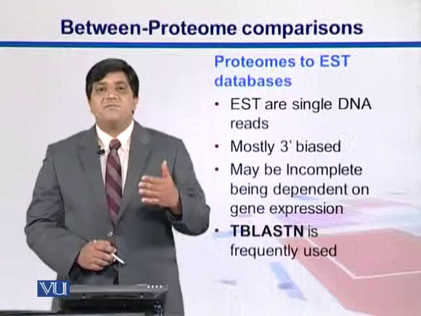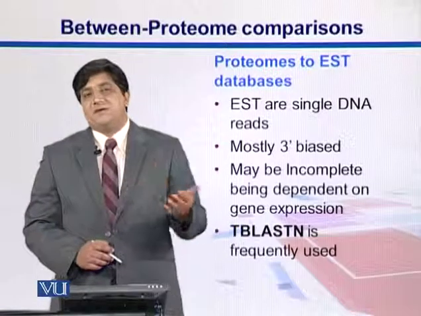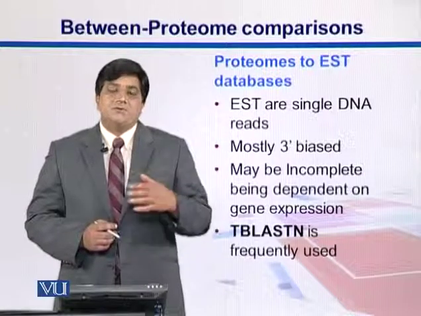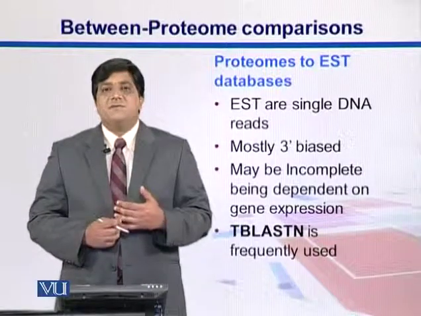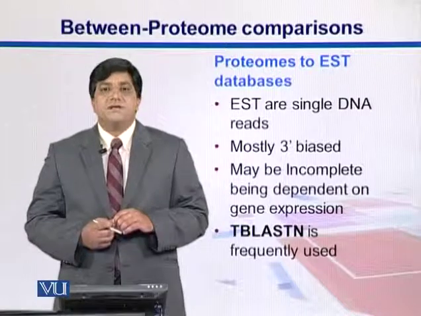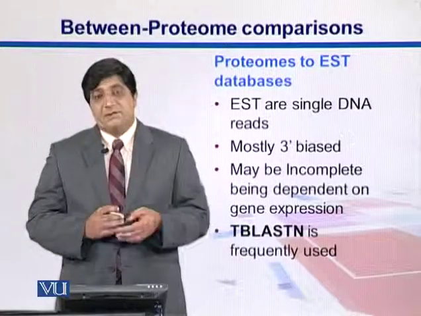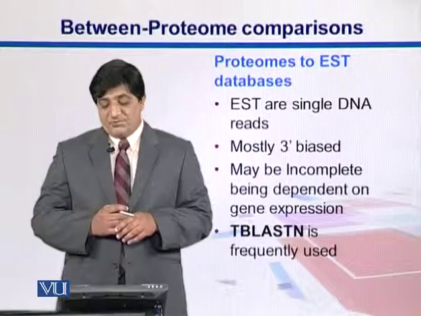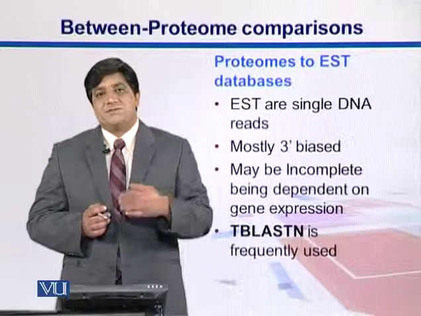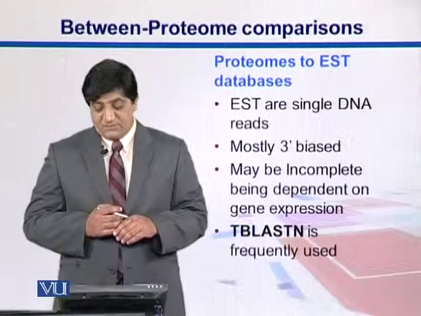Since we get them from messenger RNA, and messenger RNA extraction protocols rely on getting those messenger RNAs by using their poly A tail on the 3' end, that's why they are more oriented toward the 3' end. ESTs are mainly extracted from 3' ends most of the time.